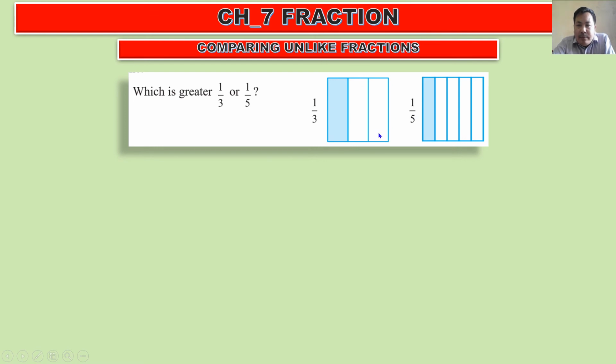In one diagram the whole is divided into three equal parts, and in the other the whole is divided into five equal parts. You see, the portion representing 1 by 3 is larger than the portion representing 1 by 5.